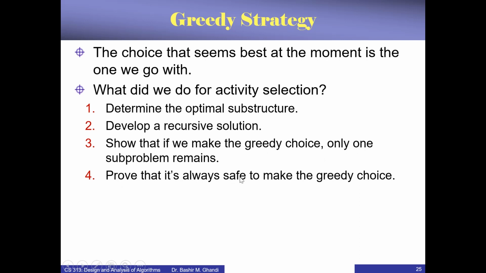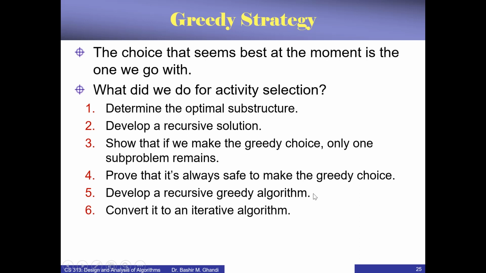And then prove that that greedy choice is safe using the cut and paste strategy that we have been using. Finally, we develop the recursive greedy algorithm and convert it to an iterative algorithm. So these are the steps we followed.